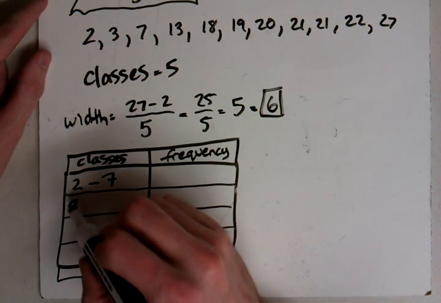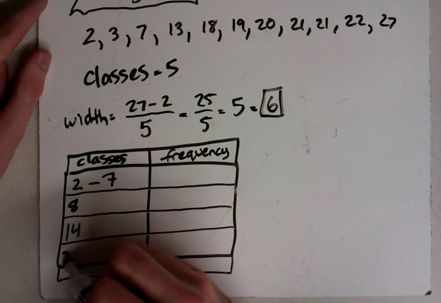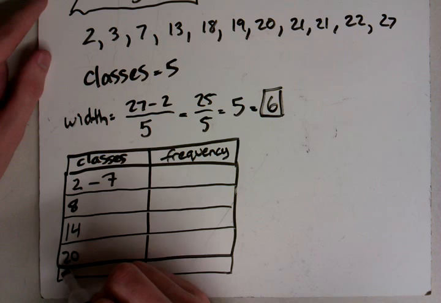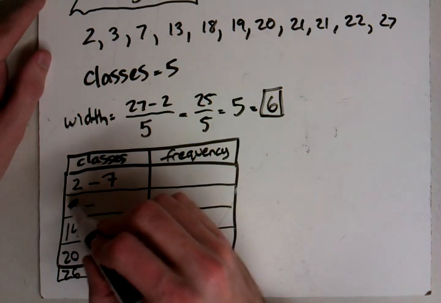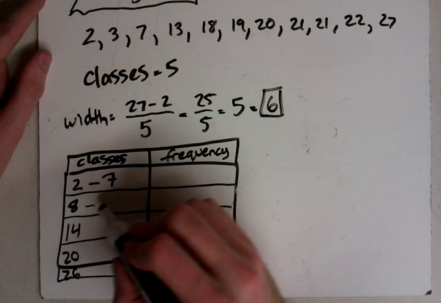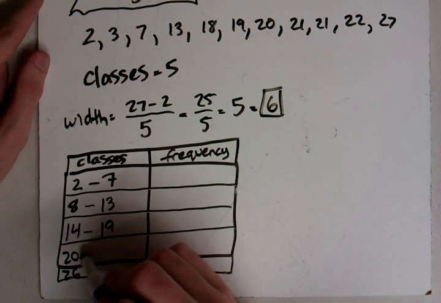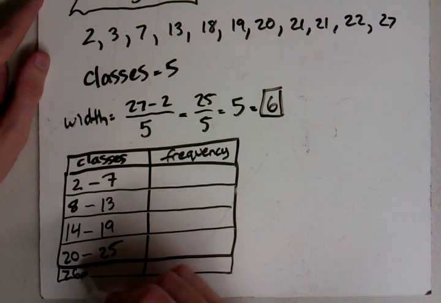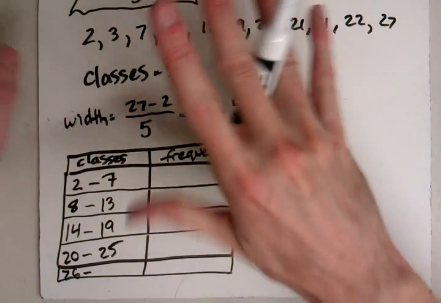That's how you find the next one. 8 plus 6 would be 14. 14 plus 6 is 20. And 20 plus 6 is 26. So this set is going to go from 8 up to, well, it can't go to 14, so it's got to go to 13. From 14 to 19, 20 to 25, and then here I'm going to have to count again, so 26, 27, 28, 29, 30, 31.